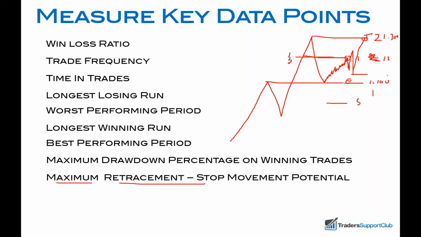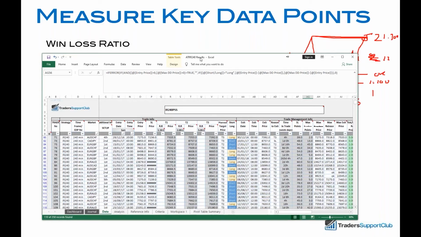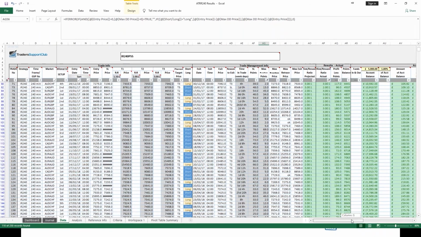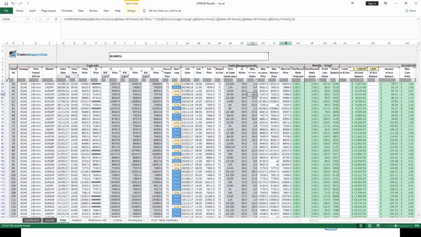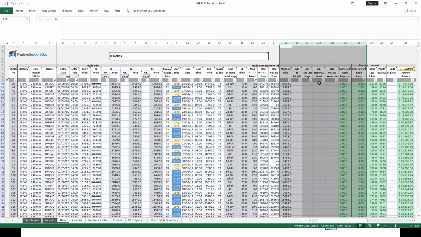So that is essentially telling me that on that trade, it would be okay to move my stop to break even once price reached halfway, and I would still get my 2 for 1. So I've got to go back and look at all of my trades, and then I can understand whether or not it is okay to do that simply by looking at what the result is giving you.